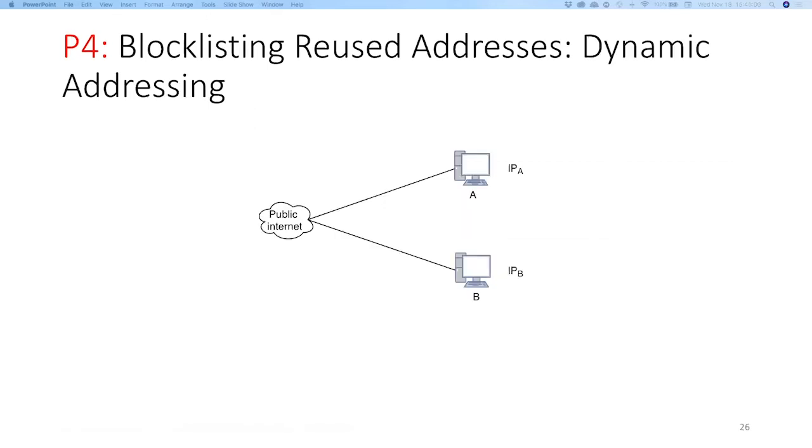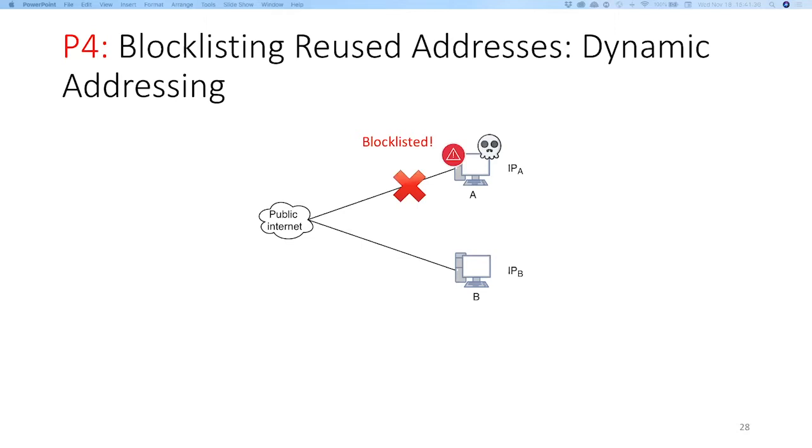The second case of reused addresses comes in dynamic addressing, and let's take this example to see how it could be problematic. Here we have two users, A and B, who are allocated IP addresses IPA and IPB. Now, let's say that IPA is malicious and gets blocklisted, therefore they're cut out from the internet. Now, due to changing network policies, their IP addresses could be reallocated due to dynamic addressing.